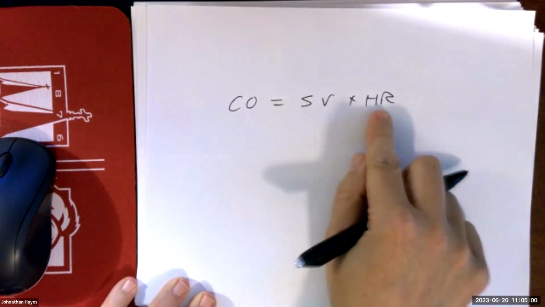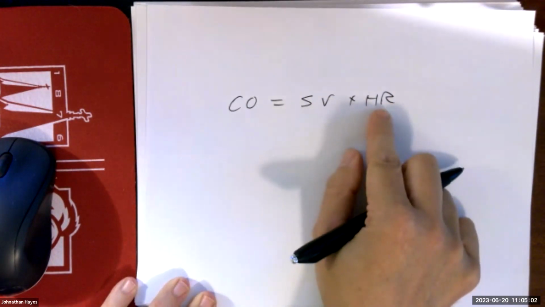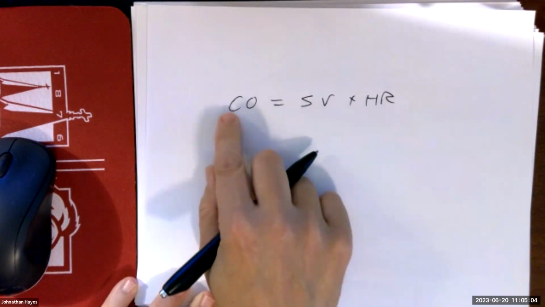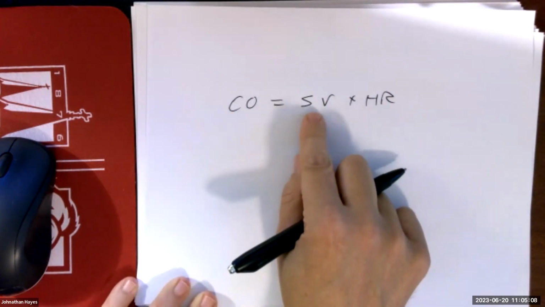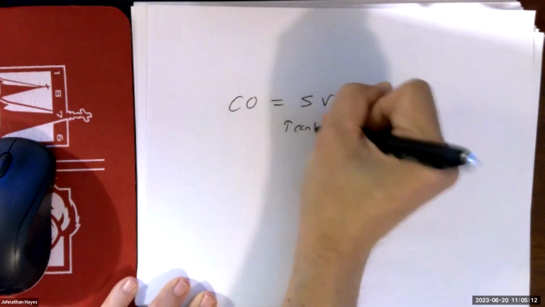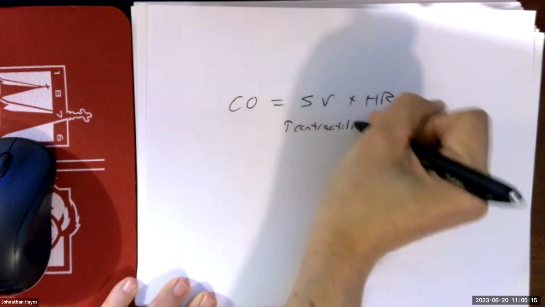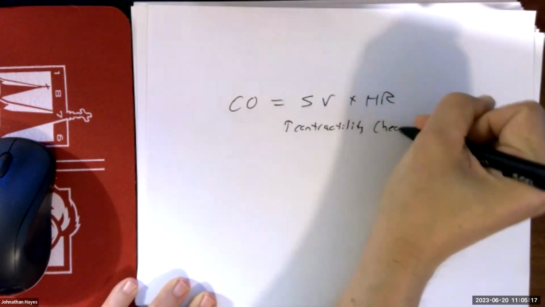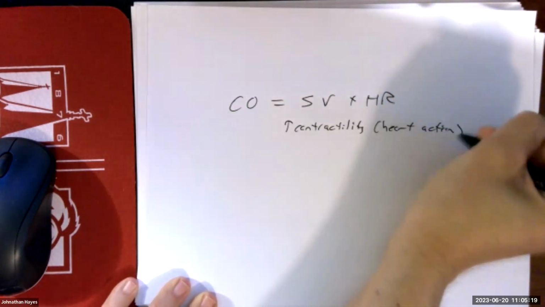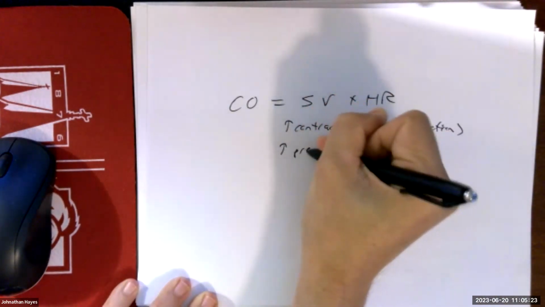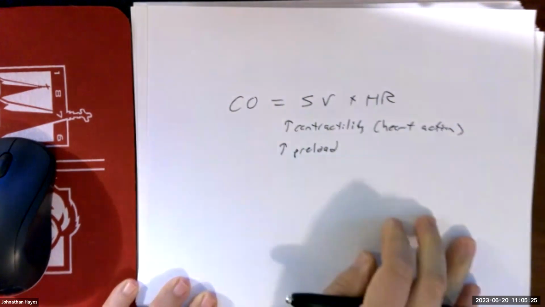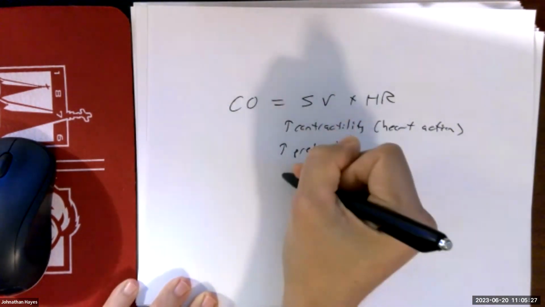But increasing rate, which is the simple one to understand, is not the only way we can alter cardiac output. I can also increase stroke volume, right? And one way I can increase stroke volume is just to increase contractility, or we sometimes call that heart action. But I could also increase preload by distending the heart more, or I could do both.